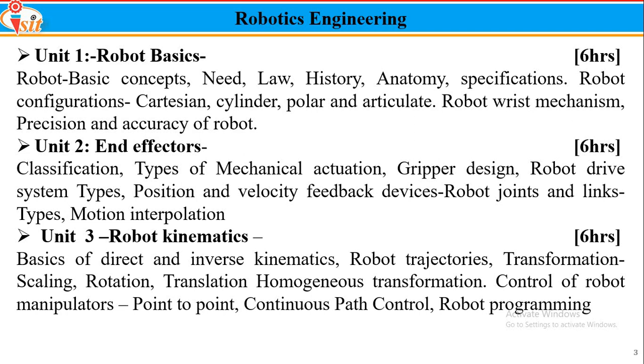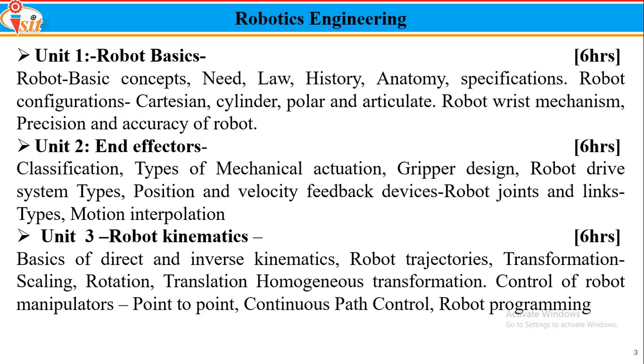Along with that, we are going to also learn robot wrist mechanism, precision and accuracy of robot. If a task is given to a robot, how precisely and how accurately it does it with the help of the robot wrist mechanism, that we are going to learn in unit number 1. Unit number 2 is especially related with end effectors. End effector means the part from where the robot is doing its work.